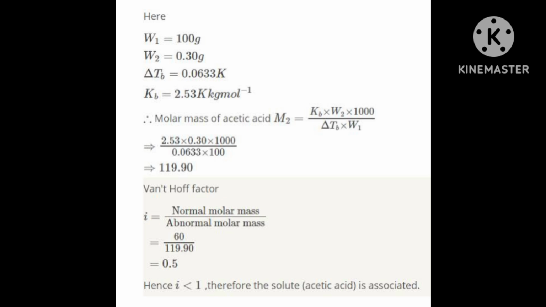For the same Kb there are three names. The first is the boiling point elevation constant, the second is the molar elevation constant, and the third is the ebullioscopic constant, E-B-U-L-L-I-O-S-C-O-P-I-C. The definition may also be asked as what is the ebullioscopic constant.